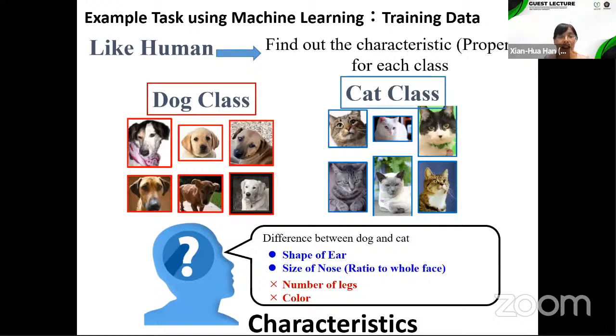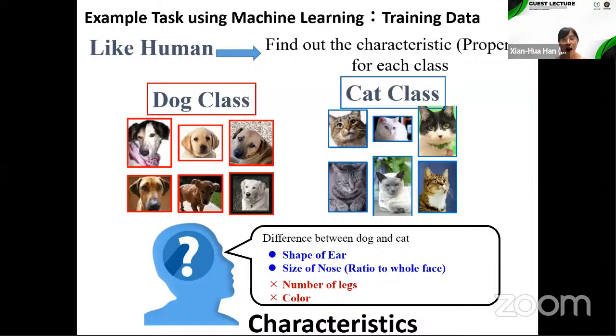So when we want to classify dog and cat classes using images, according to human experience, the first thing we need to do is distinguish what the difference is between the dog and the cat. What are the unique properties in dog images and in cat images?